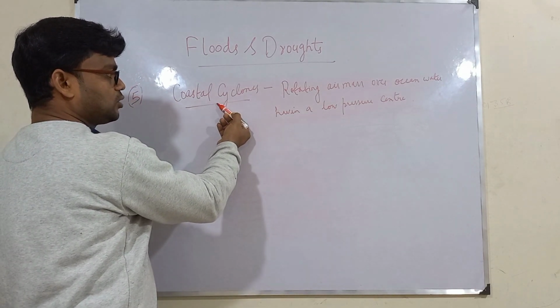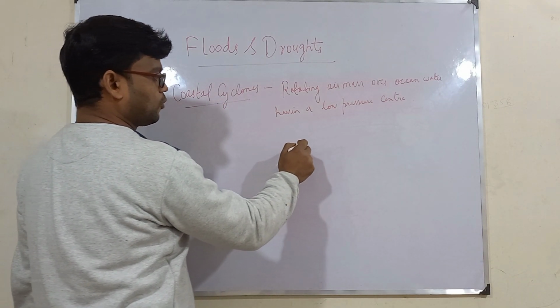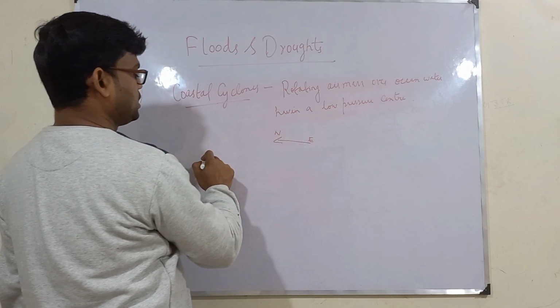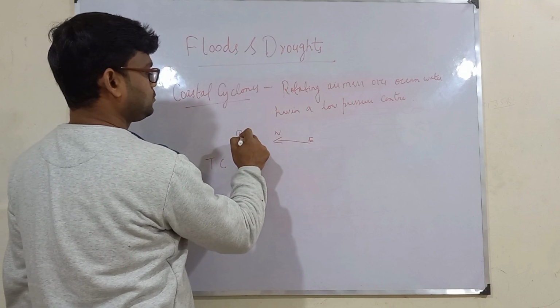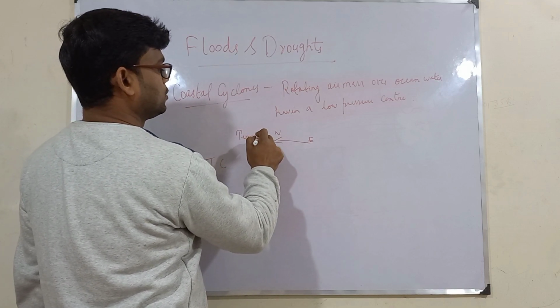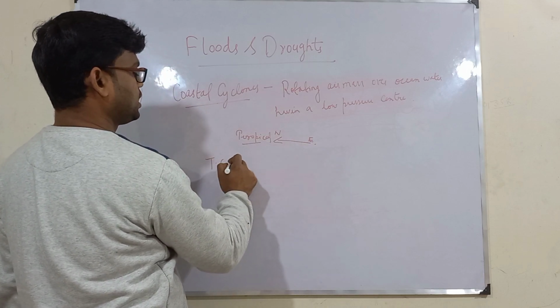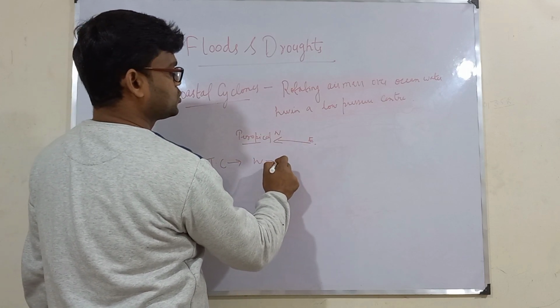When these are tropical cyclones, they generally move from east to west, and when these are temperate cyclones, they move from west to east.